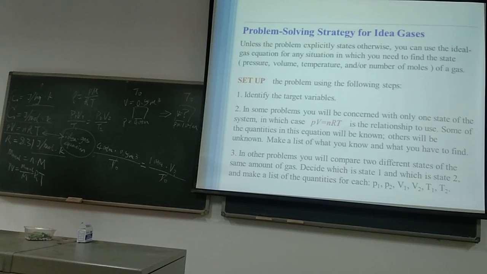And third, in other problems, you will compare two different states of the same amount of gas. Decide which is state 1 and which is state 2, or you can say the initial state and the final state. And make a list of the quantities of each: P1, P2, V1, V2, T1, T2.